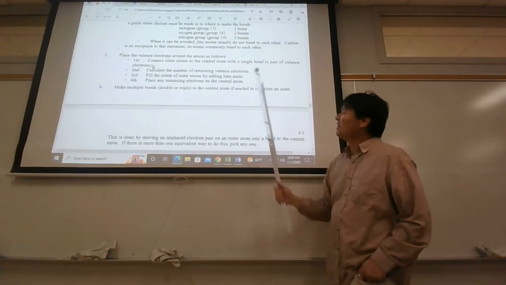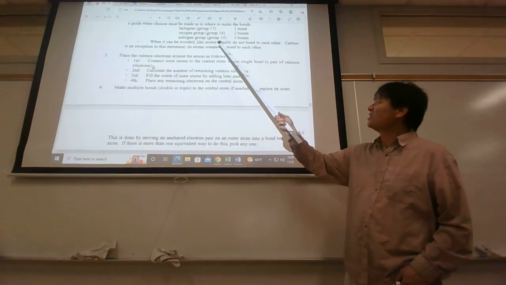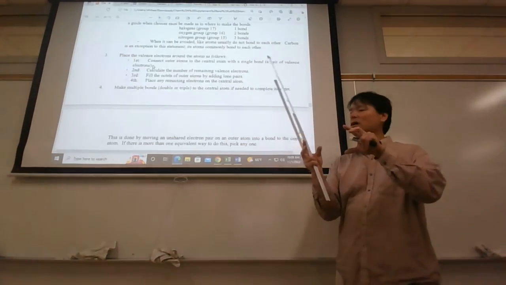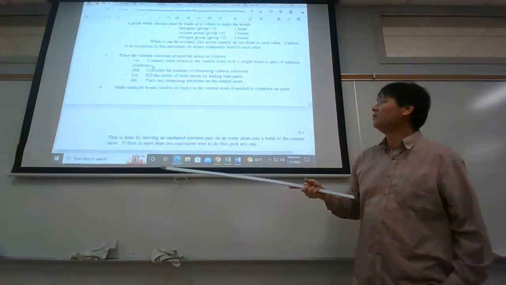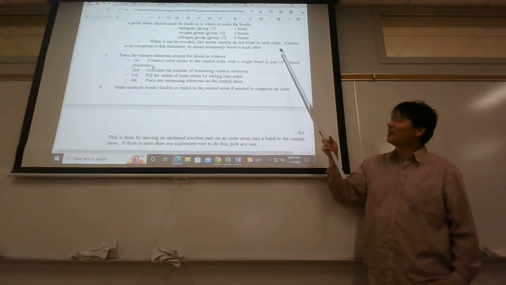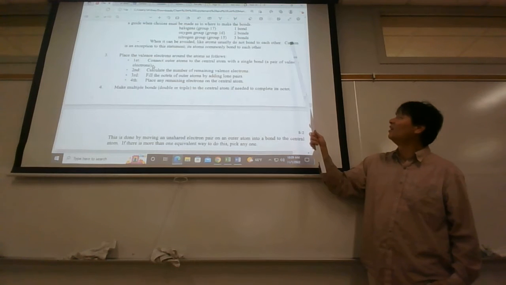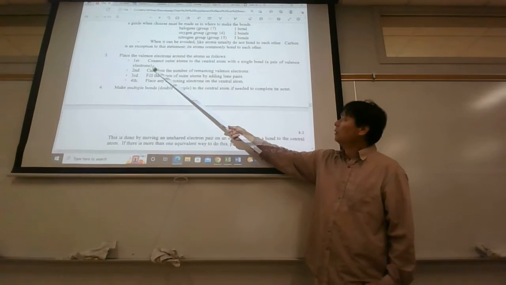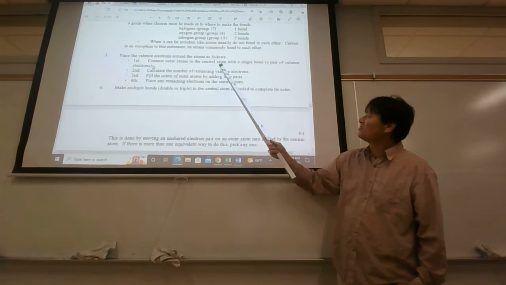It commonly bonds to itself. Oxygen doesn't like to bond to other oxygens. When you have oxygen-oxygen single bonds, they're called peroxide bonds, and peroxide bonds are inherently unstable. Whereas carbon-carbon single bonds are stable, no problem with that. Place the valence electrons around the atoms as follows.